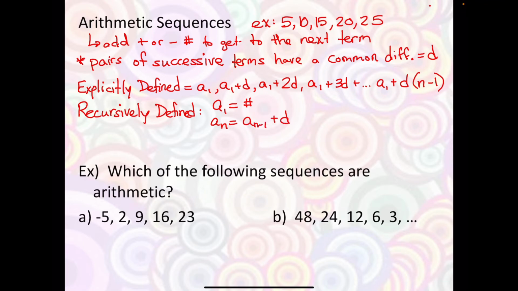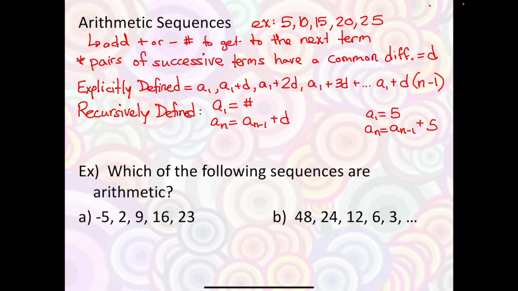So in our example, 5, 10, 15, 20, and 25, a sub 1 would equal 5. And then to get our next term, we would take the previous term, a sub n minus 1, and add 5 because that's our common difference. It just happened that our common difference and our first term were the same. That's not always the case.